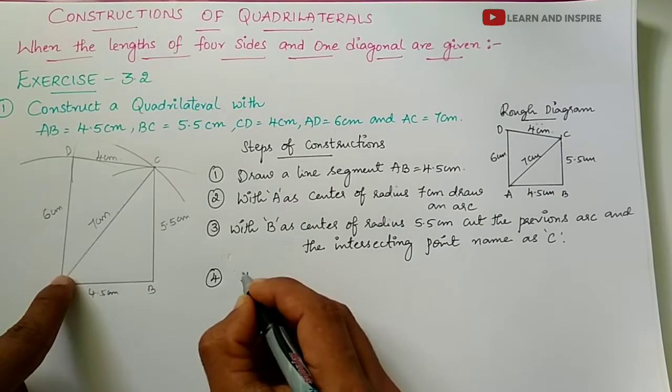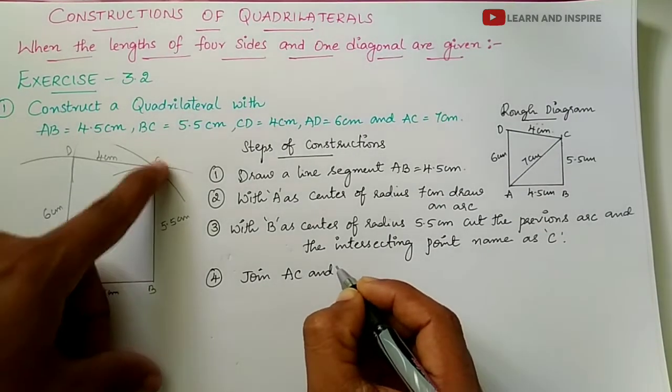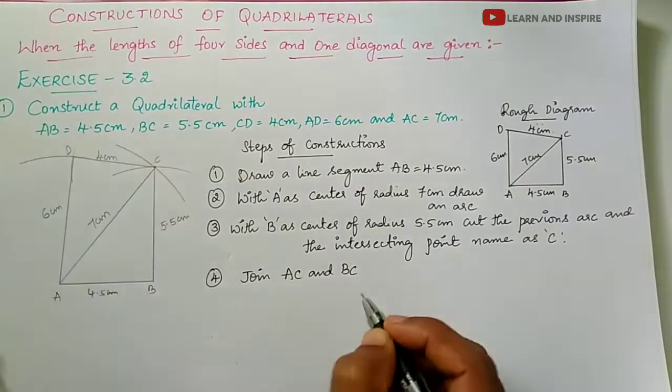So we have to join AC and BC. So join AC and BC, then we can form a triangle.